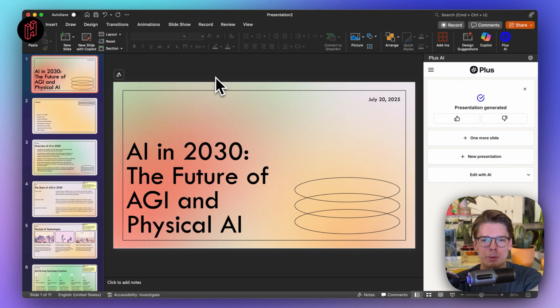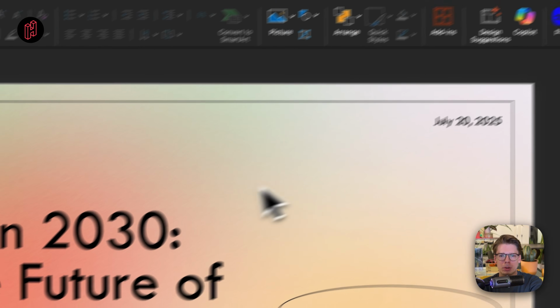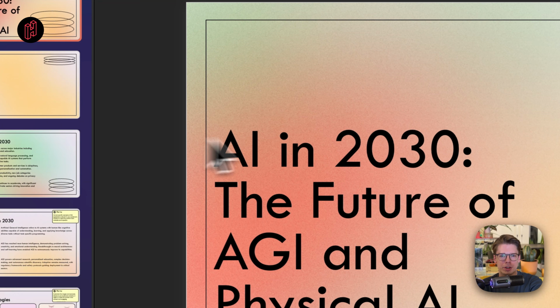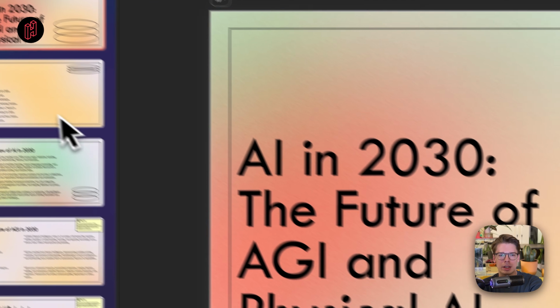All right, so now it's done generating. It even got the date correct and everything. Let's give it a thumbs up. I think so far it looks quite good. So let's close the plugin and take a look at the presentation. AI in 2030, the future of AGI and physical AI.